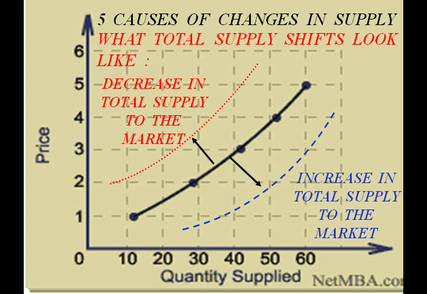Now, please make a very important note here that notice I did not use the terms to describe the curve shifts as up and down on the chart. Because if you focus in here on the decrease in total supply, the shift of the curve, it looks like it's moving up the chart.